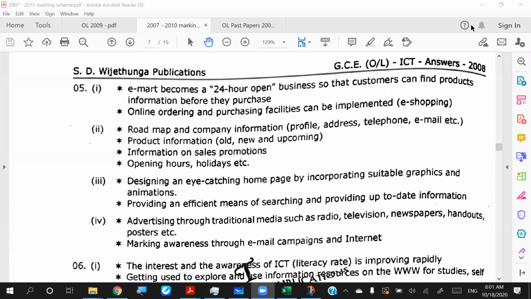And they can do the online ordering and purchasing processes, and it can be accessed from any geographical location. And the particular website is open to the entire globe, and those kinds of benefits.